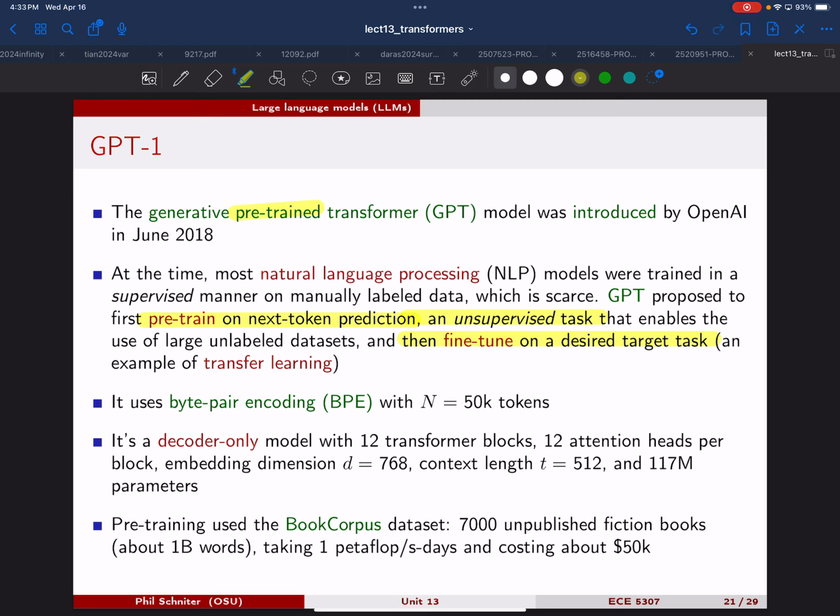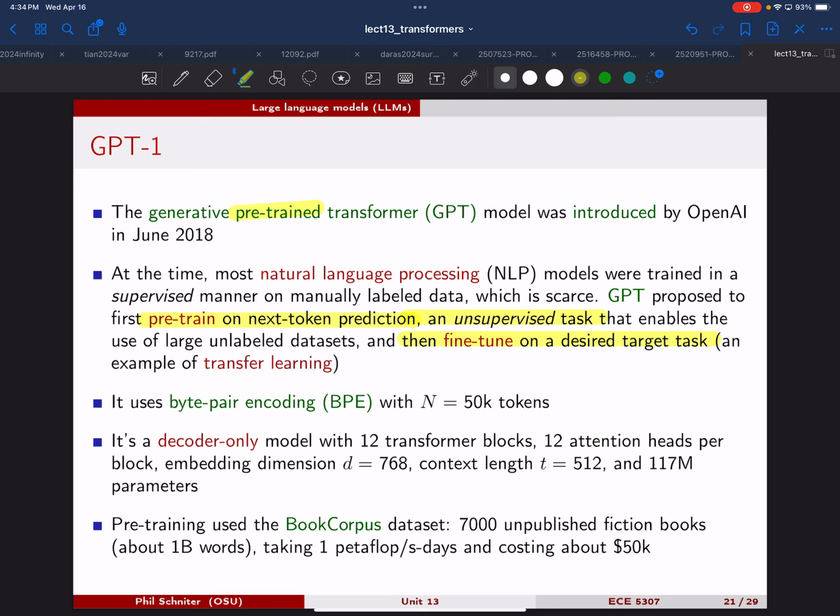And that is something we learned as transfer learning back in Unit 9. In a convolutional network, you train all the convolutional layers, and then maybe you retrain just the dense layer. And here it's often similar. They might just take off the last transformer block and then retrain a new one. So the training is broken into these two stages.